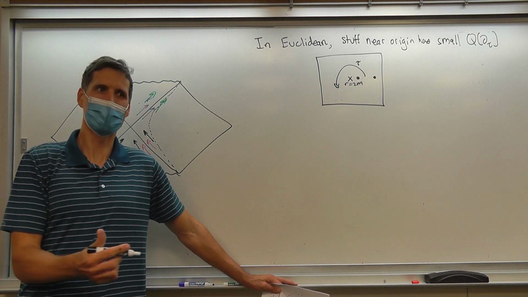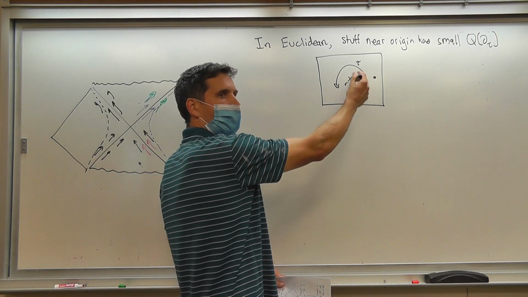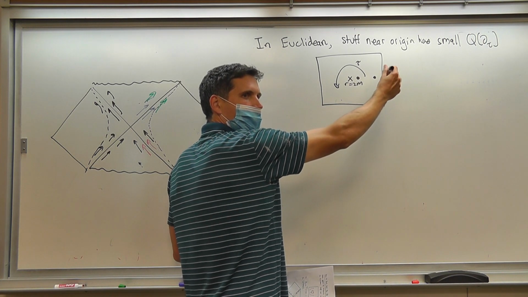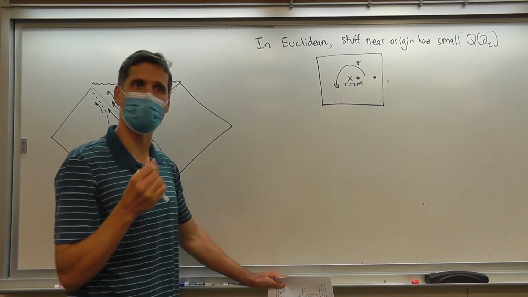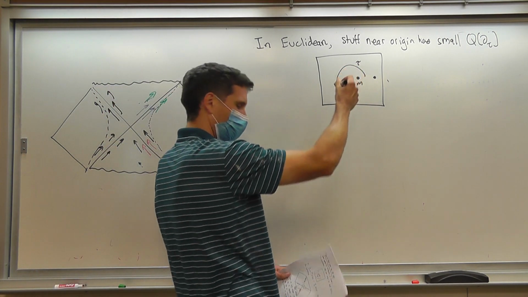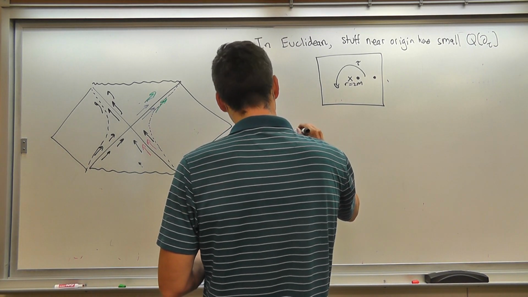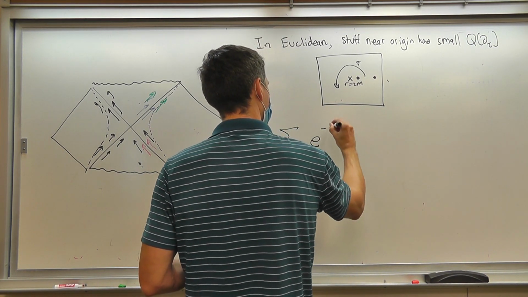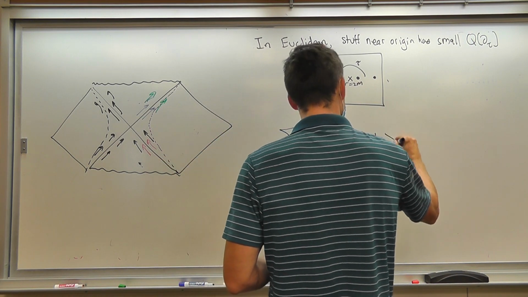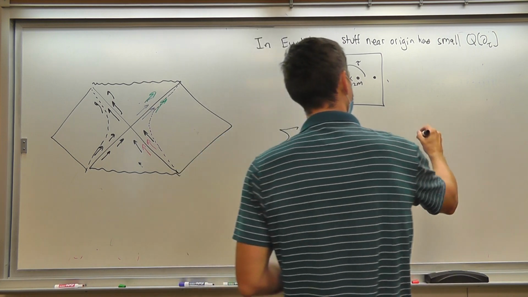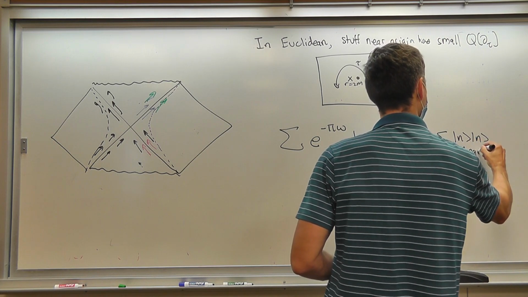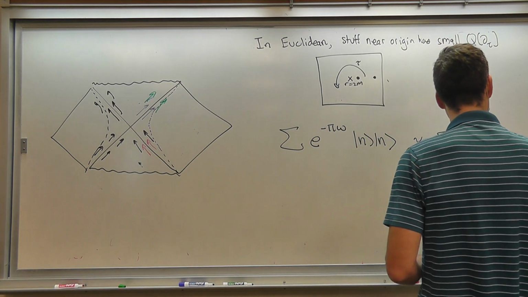Okay, so the charges associated to the modes near the origin are very tiny. The charges associated to the stuff out here are very large. And that means when we look at the thermal ensemble, it's going to be dominated by stuff near the origin. Okay, so in this thermal field double type state, this is just the maximally entangled state near the origin.